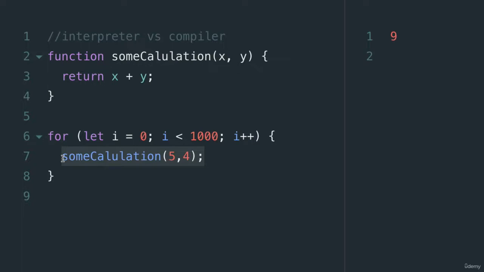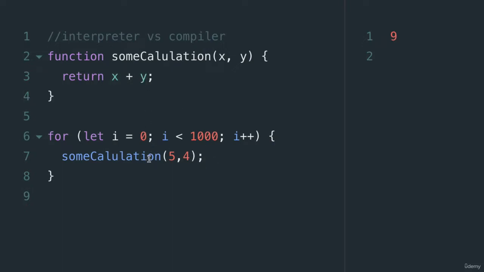The compiler actually helps us here. It takes a little bit more time to start up because it has to go through that compilation step at the beginning, go through our code, understand it, and spit it out into another language. But the compiler will be smart enough that when it sees code like this, and this is obviously a simplified version of it, if it sees code like this that we just loop over and it has the same inputs, returning the same outputs, well, it can actually just simplify this code.